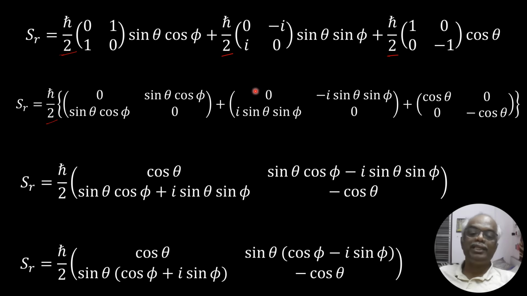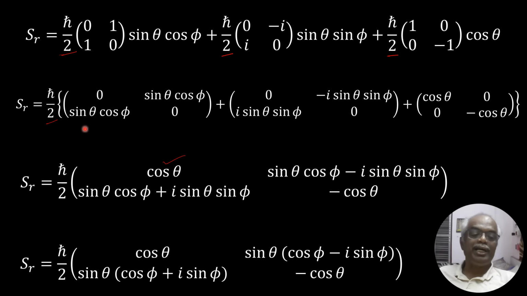Now you add all three matrices. Here you have 0, 0 plus cos θ, so you will get cos θ here. And here sin θ cos φ, you add this −i sin θ sin φ. So sin θ cos φ minus i sin θ sin φ. Here it is 0, so don't worry about this.